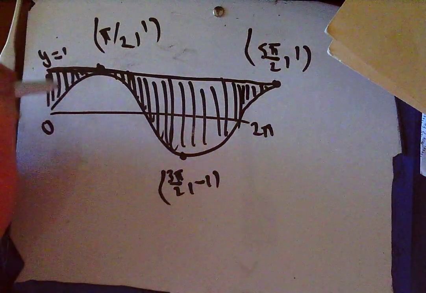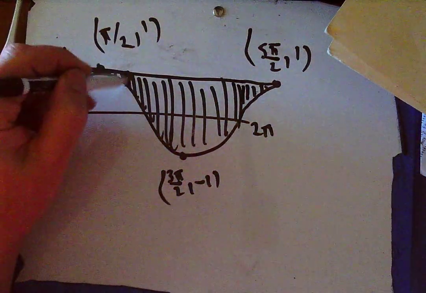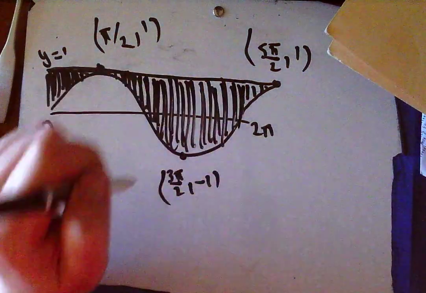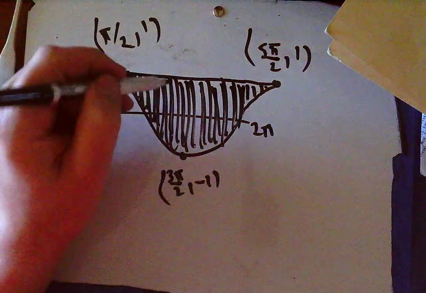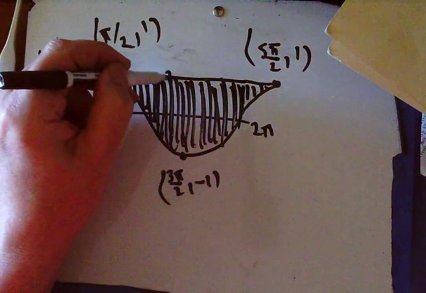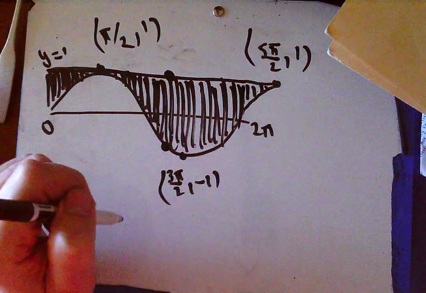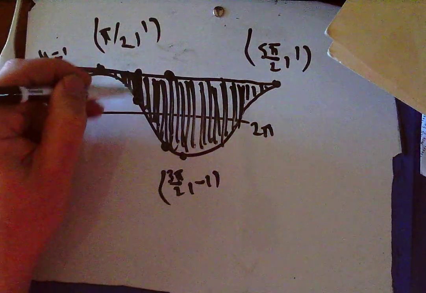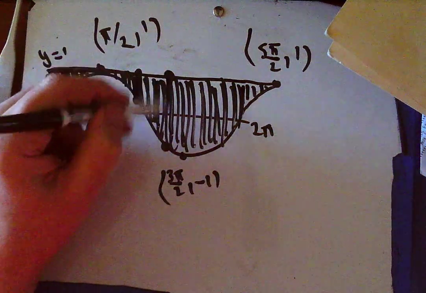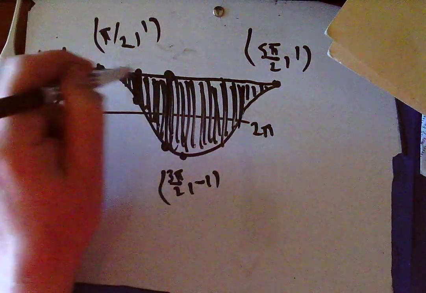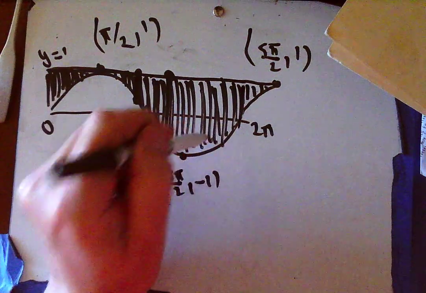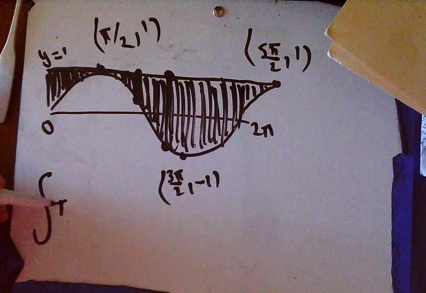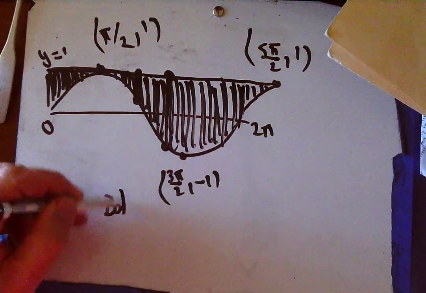But I think the one that most consistently and universally works is to think about, I'd like to add up the lengths of this infinite number of heights. And how do I find that length? Well, I'm going to take this number and subtract that number. I'm going to take this number and subtract that number to get that length. And so this length depends on wherever I am as far as x goes. And the way I've been talking to you about understanding this is to think about it as top minus bottom.